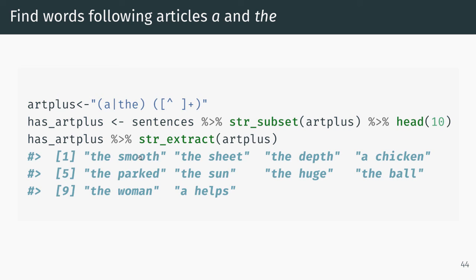So we get the smooth, and you can see right away that this is not finding the subjects of sentences. It's finding an article followed by either an adjective or sometimes a noun or sometimes something completely else. I forget what this was. But it could be almost any part of speech.